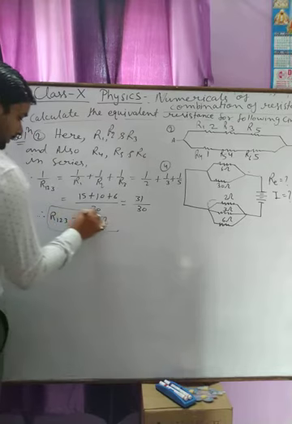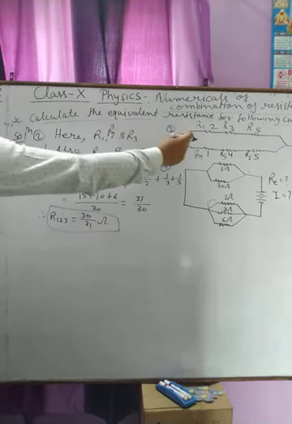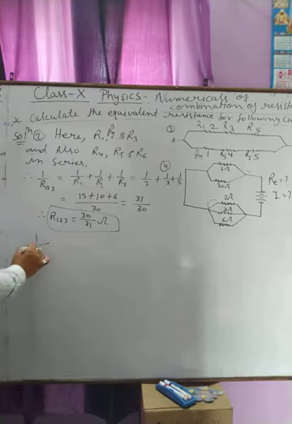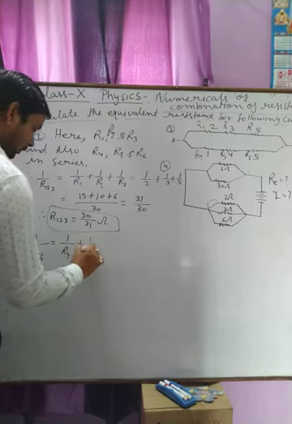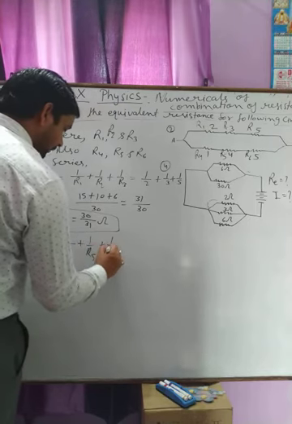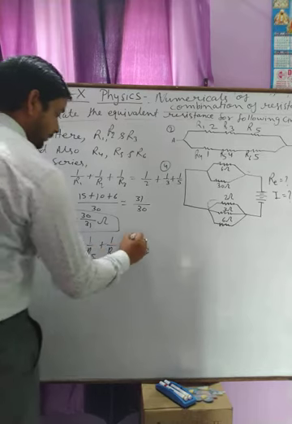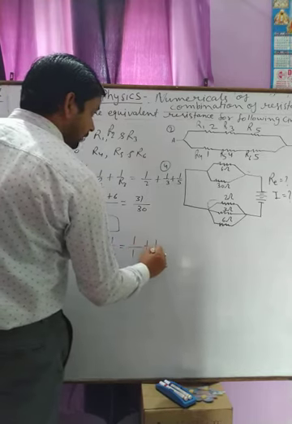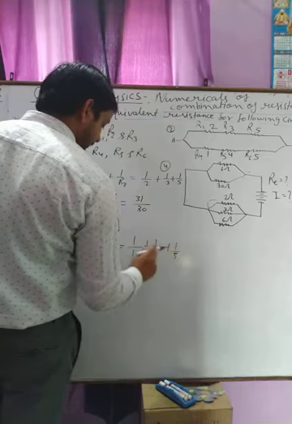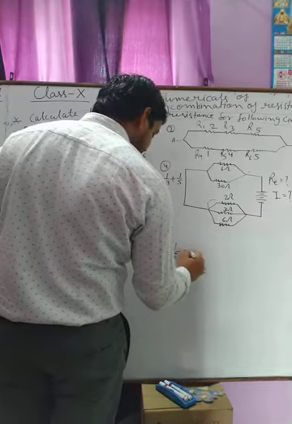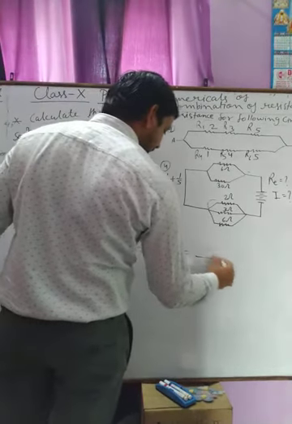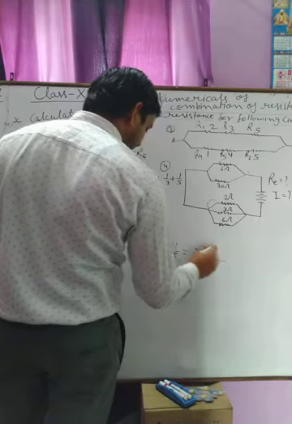This is the first solution, and now we go for R4, 5 and 6, that is 1 upon R4, 1 upon R5 and 1 upon R6. We get 1 upon 1, 1 upon 4 and 1 upon 5. Now the LCM is 20, so this is 20.